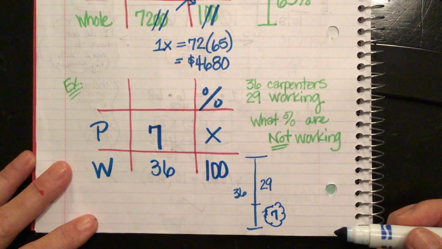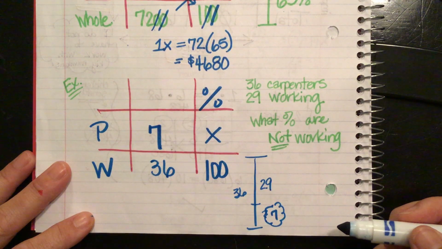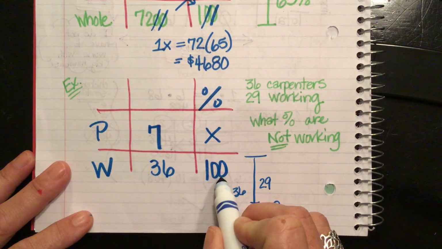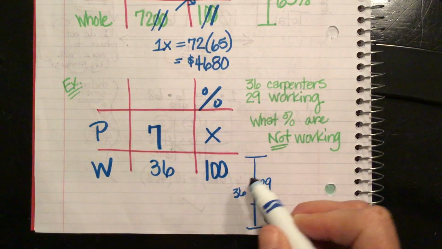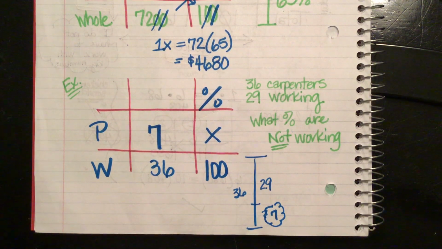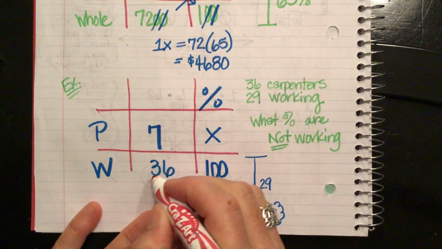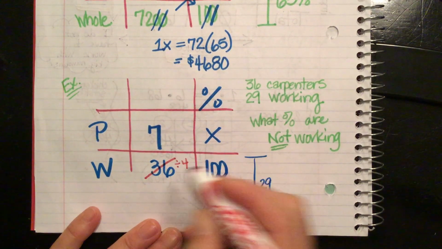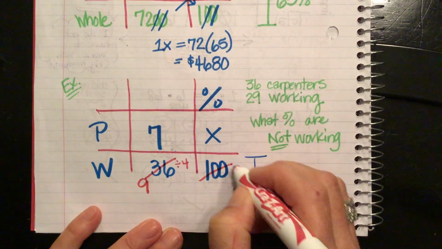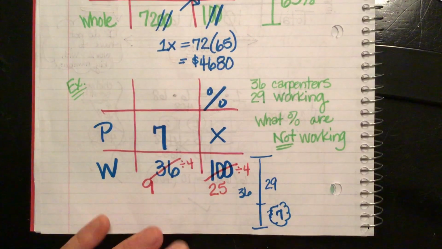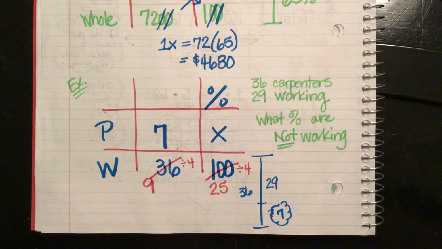Okay. Can I reduce here? I could, yeah, 2. I could probably do 4. Okay, let's do it. What number, so 36 divided by 4 is 9. 100 divided by 4 is 25. Can I reduce any more?